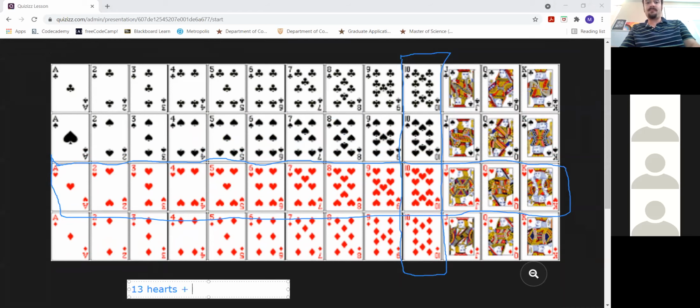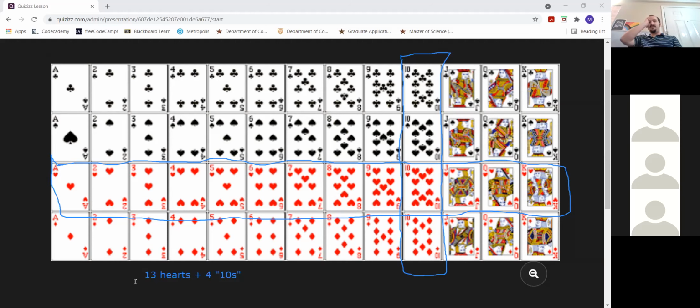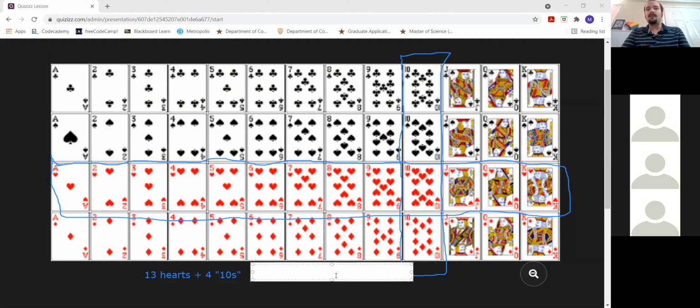There are 4 10s. And so when they were disjoint, all we did was add those together. And if you do that, you might notice something a little weird. If we add 13 and 4, we're going to get 17.